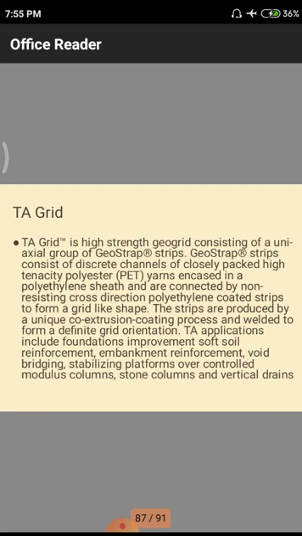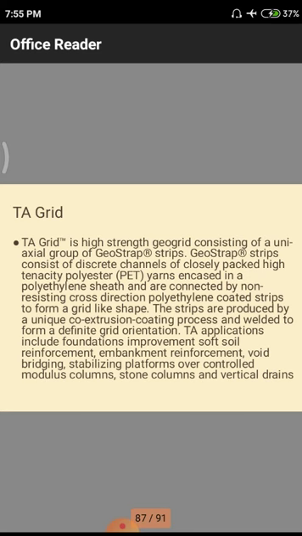The applications include foundations, improvement of soft soil, reinforcement, embankment reinforcement, void bridging, stabilizing platforms over controlled modular columns, stone columns, and vertical drains. All those are the application areas of this terra grid. Normally terra grid goes on the surface, that means the top layer of the surface.